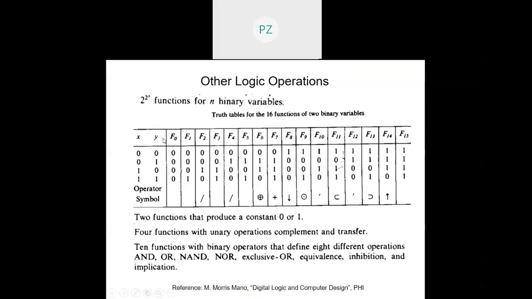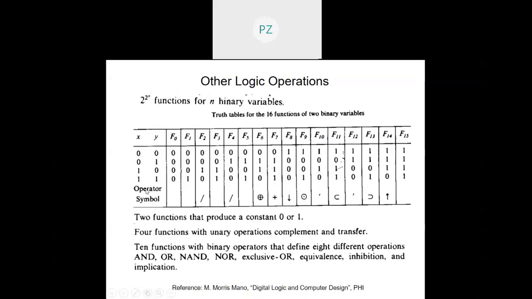Had there been three variables x, y, z, it would have been 2 to the power 2 to the power 3. 2 to the power 3 is 8, and 2 to the power 8 will be 256, right? So the generic formula is 2 to the power 2 to the power n functions for n binary variables. Let us see what those 16 functions are when n is 2.